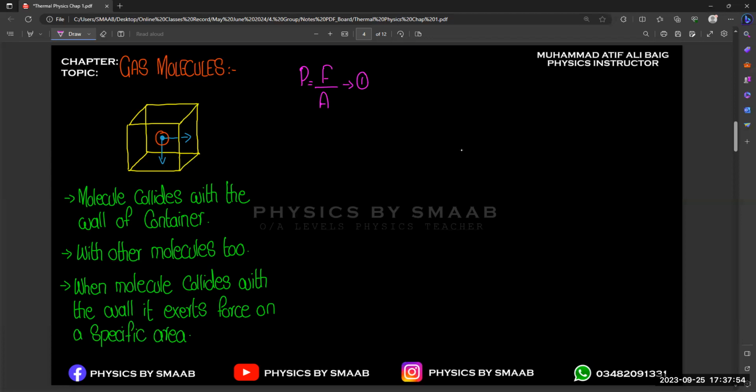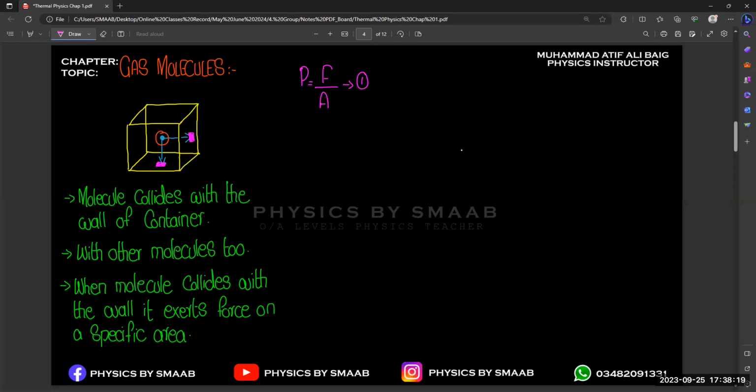And further, if you consider any specific direction, like if we consider this position, you can see that at a certain area, force is applied by the molecule, and on the other side you can see that there is also a certain area on which force is applied by the molecule.